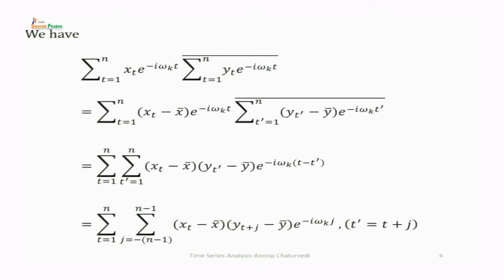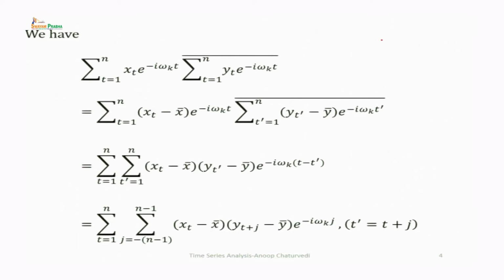Now, we have summation over t x t e to the power minus i omega k t, summation over t y t e to the power minus i omega t, and then we take complex conjugate of this second term. The product of these two terms is equal to summation over t x t minus x bar e to the power minus i omega k t, summation over t dash y t dash minus y bar e to the power minus i omega k t dash, then complex conjugate of this second term.